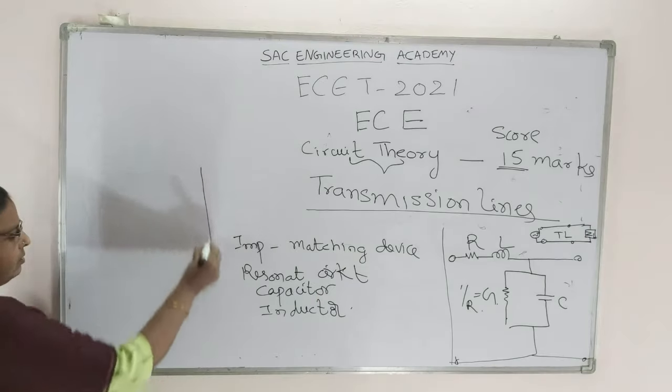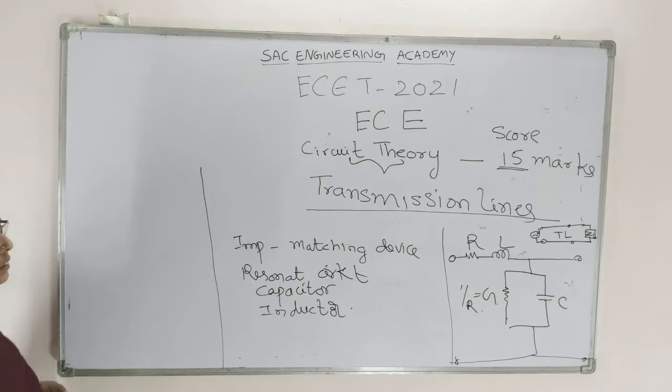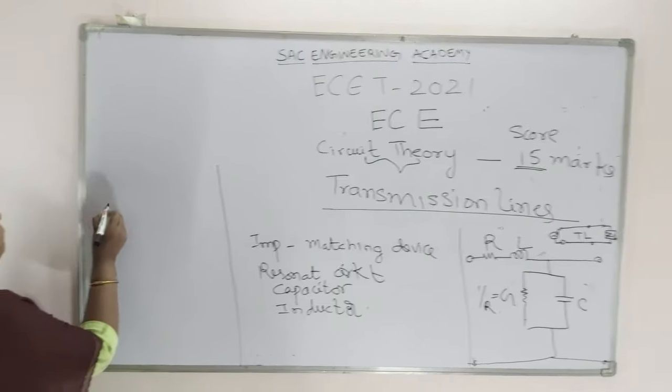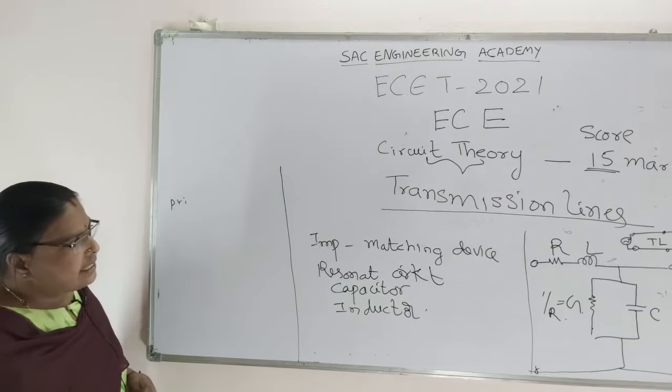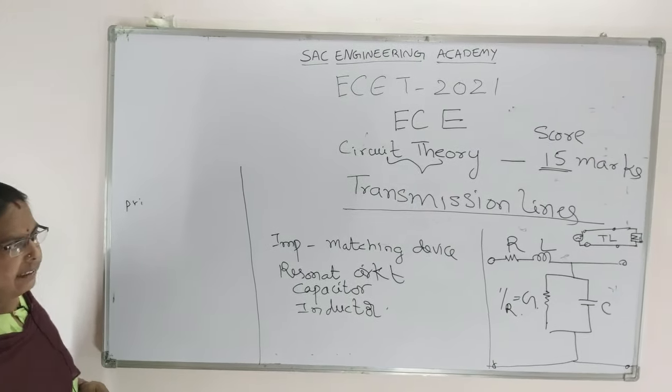Now the transmission line is mainly used for the purpose of transmitting the electric and electromagnetic signal from one point to another point. The primary parameters: in this circuit, this is a simple RLC network.